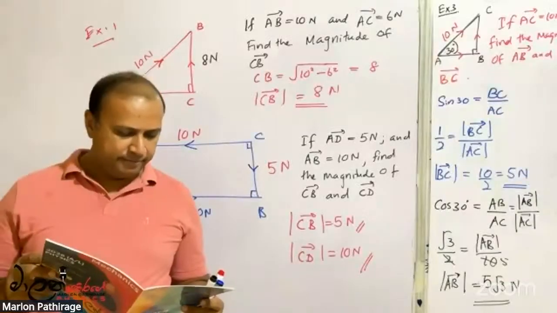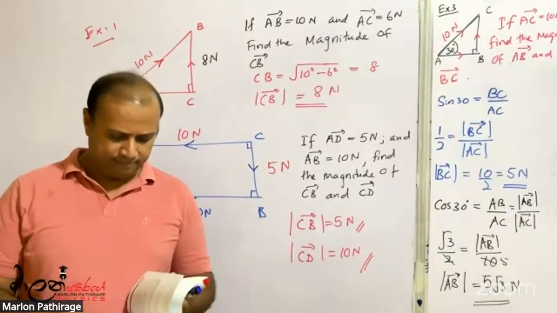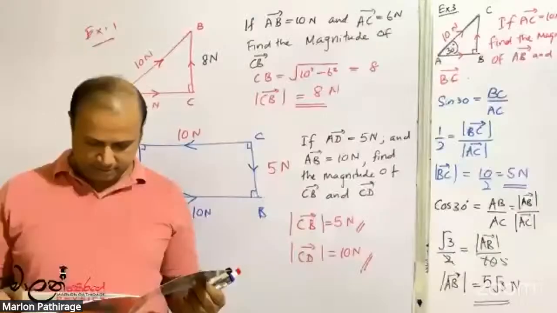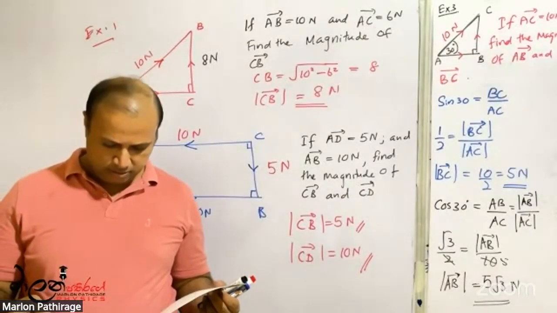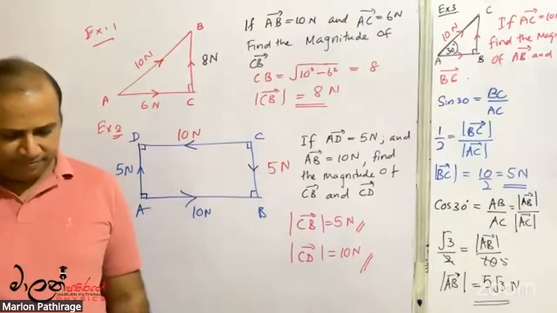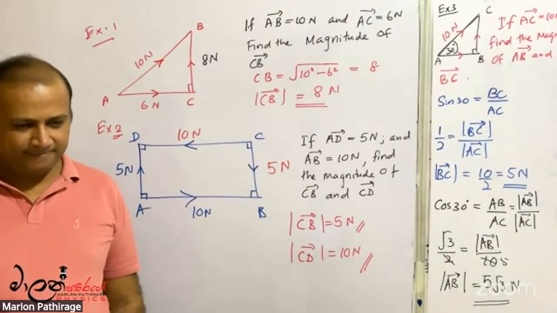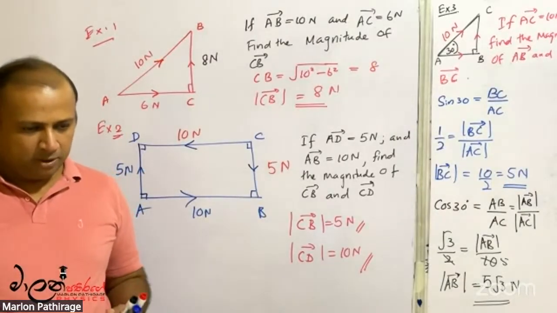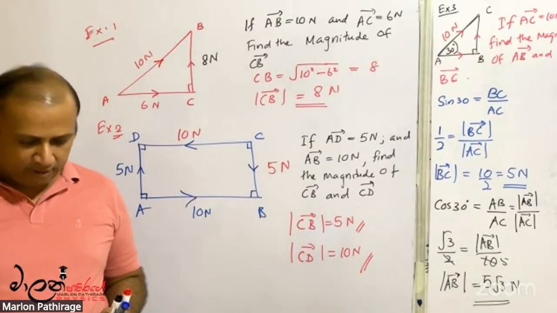Fourth one. Second one. Two forces acting on a point, having magnitudes of 8 Newton and 6 Newton, perpendicular to each other. No direction mentioned. How can we decide the direction?